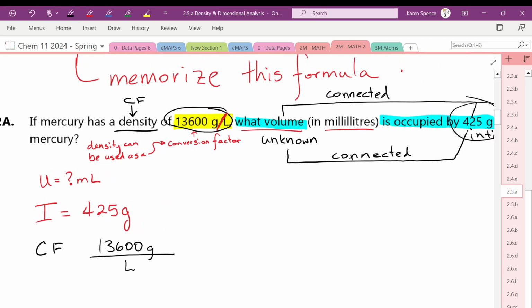How do I set up the problem? Is it conversion factor is equal to unknown times initial? No. Is it initial is equal to the unknown times a conversion factor? No. We want to solve for our unknown. It was almost correct. We want to solve for our unknown, and it's going to be equal to our initial quantity, what we're starting with, times a conversion factor, or maybe more if we need them. In this case, we won't. We'll just need one.